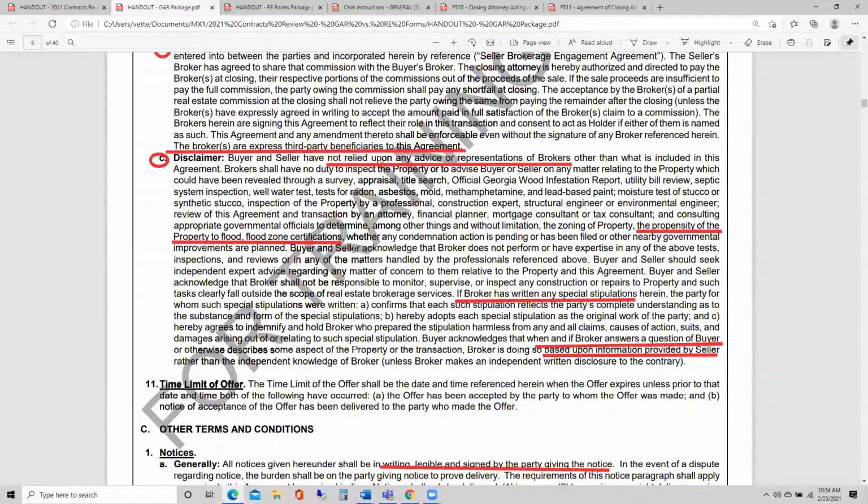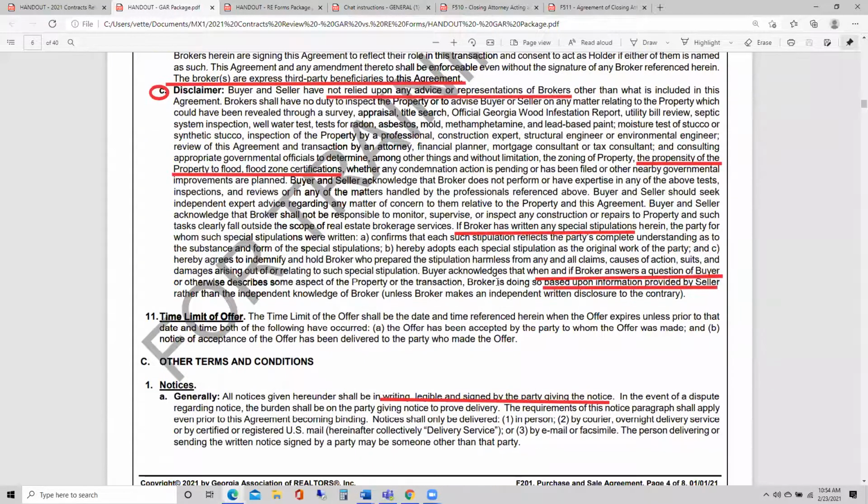lender may require that. Also in the GAR contract, under this same paragraph, it states that if the broker/agent has written any special stipulations, the party that the special stipulation was written for confirms that it reflects their wishes. And this next section says they adopt the special stipulation as the original work of the party, meaning the broker, meaning GAR didn't write it, don't sue GAR.